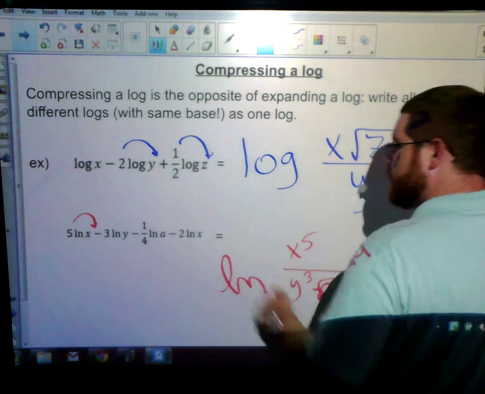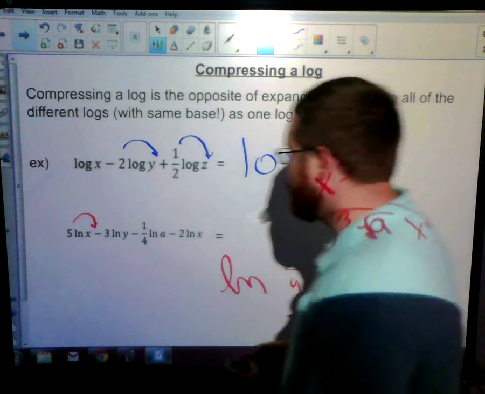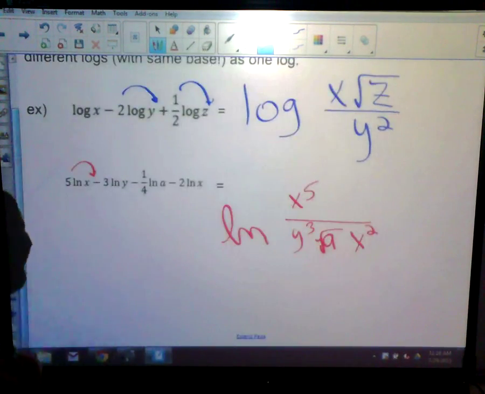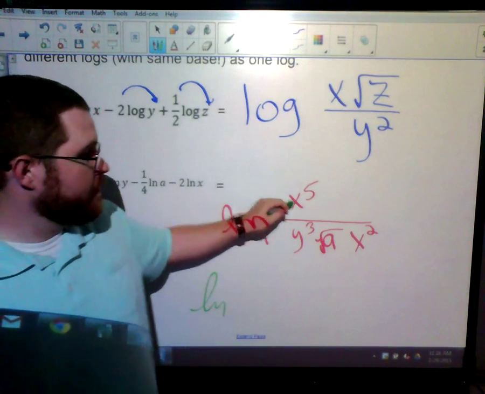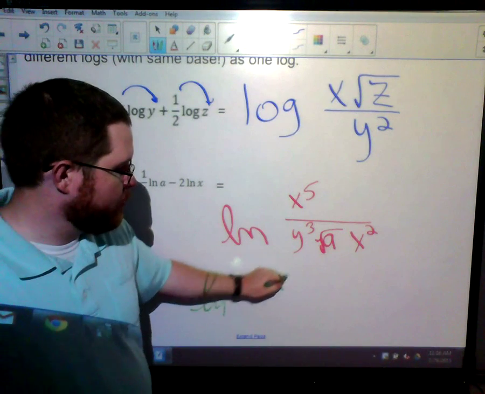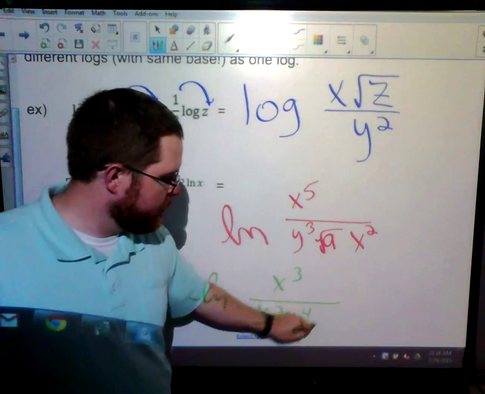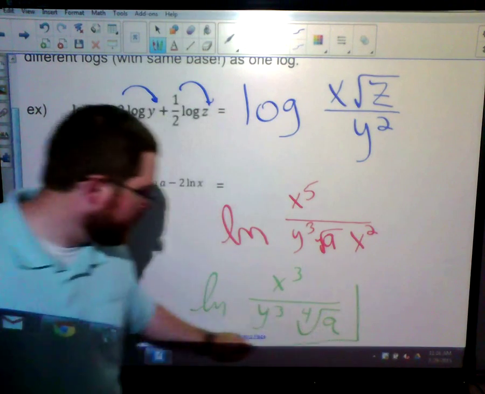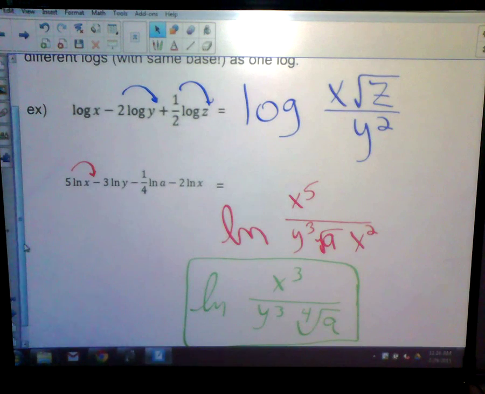And then this x is on bottom because it's negative, and it's a second power. But we wouldn't leave this with two different x's in there. I would rewrite that as natural log of x to the fifth over x squared, y cubed, 4th root of a. That's called compressing, following your rules to make 1 log.